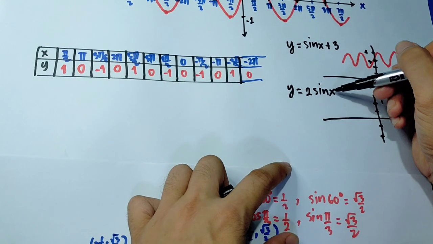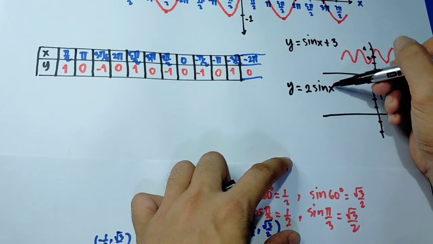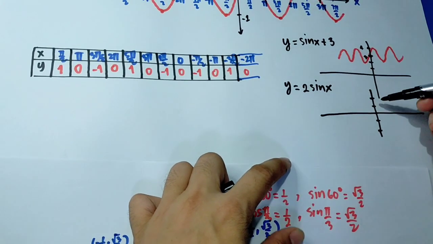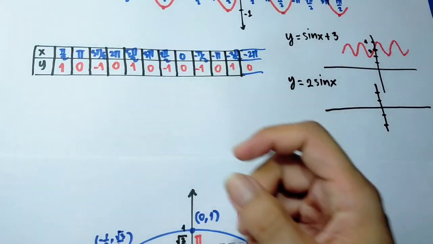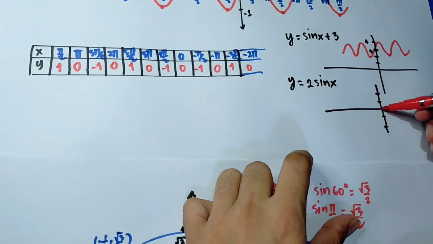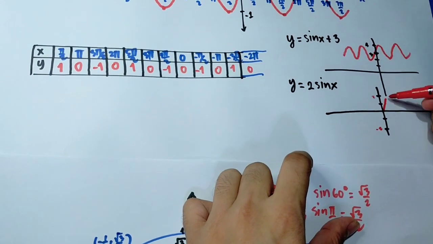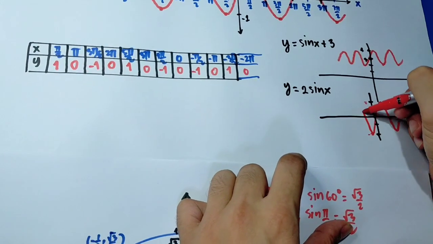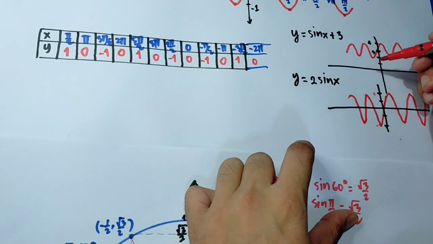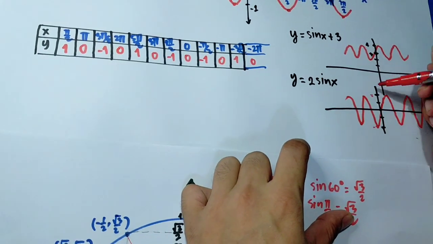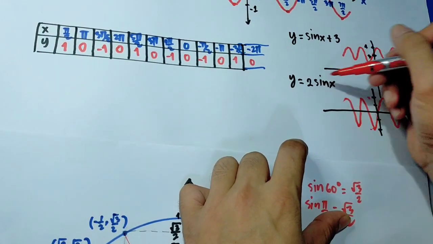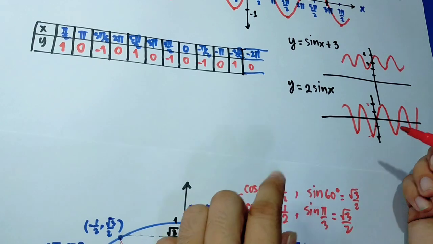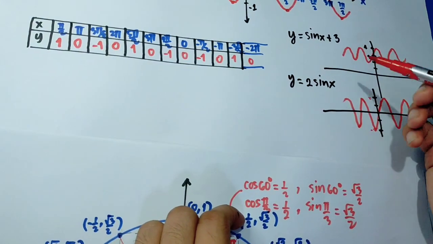Okay, because if you have sine of a multiple of pi over 2, then this becomes 1, and 1 times 2, so your maximum is 2. So your graph will be like this. This is 2 here, negative 2, graph will be like this. Okay, so the amplitude will be longer compared to the original one. So if you have 3 here, it could be 3 times longer, and if you have 5, 5 times longer than the original one. So that's the idea of the sine function.